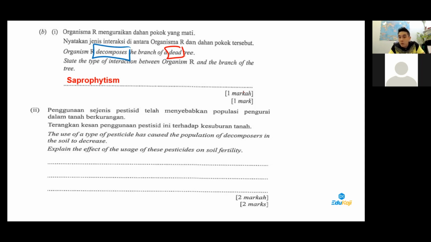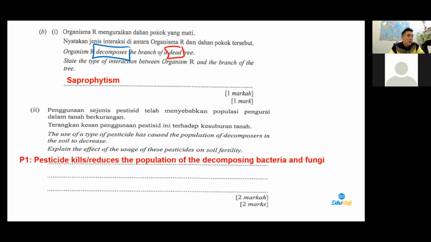Okay, guys, the use of a type of pesticide causes decomposers in the soil to decrease. Explain the effect. Now, pesticide will obviously kill bacteria and fungi. And this causes, guys, how would the fertility of the soil be?